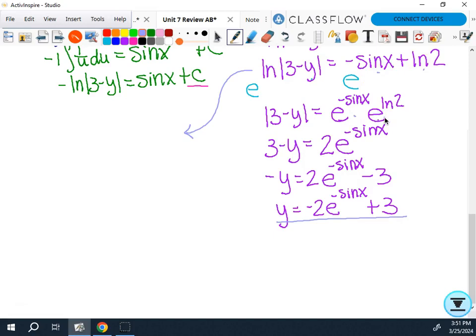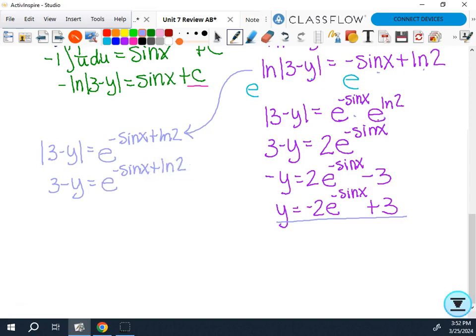When I made e the base of the exponents, this does give me the absolute value of 3 minus y equals e to the negative sine x plus the natural log of 2. Then I'm going to drop my absolute value. 3 minus y equals e to the negative sine x plus the natural log of 2.